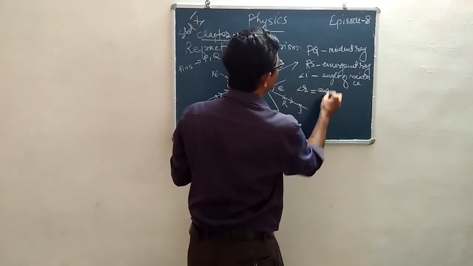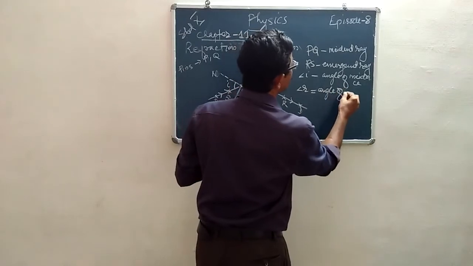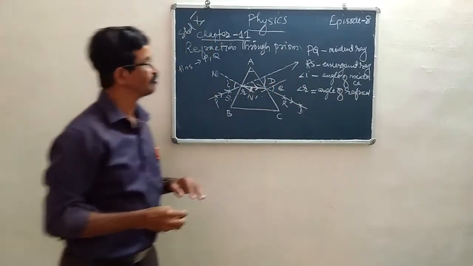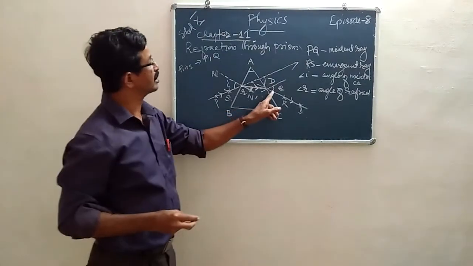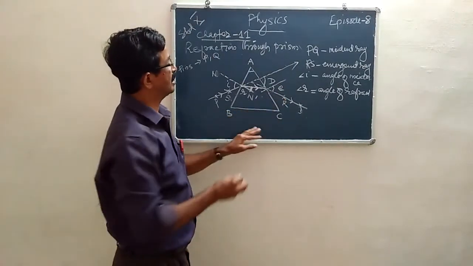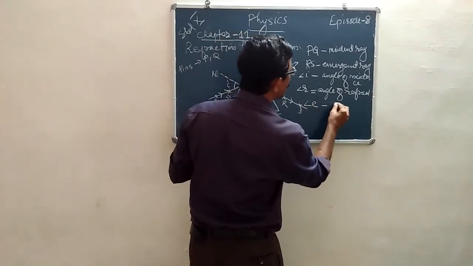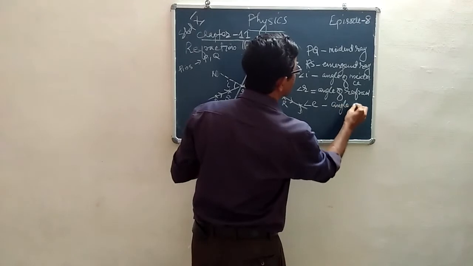Angle of refraction. And here, the normal and the emergent ray, then angle E. What is it? Angle of emergence.